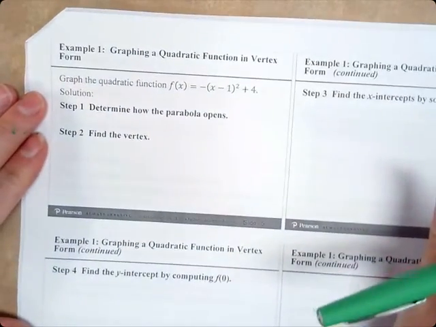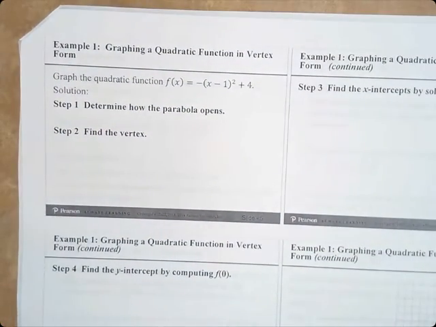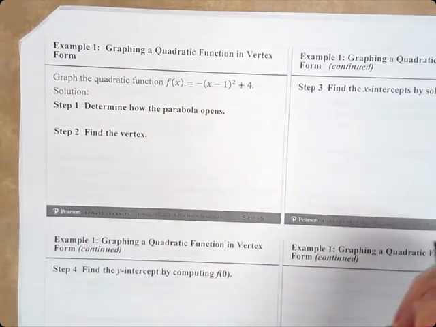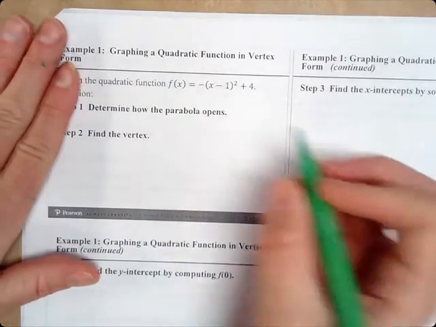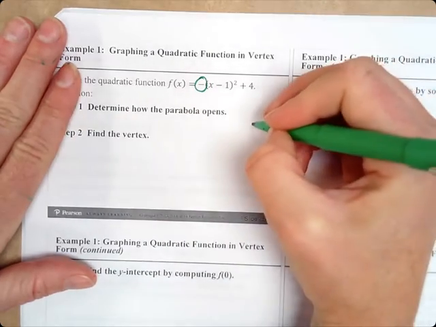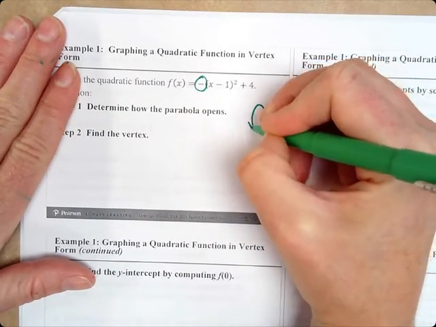So let's look at our first example. f of x equals negative, parentheses, x minus 1 squared plus 4. So how does the parabola open? This negative tells us it opens downward.